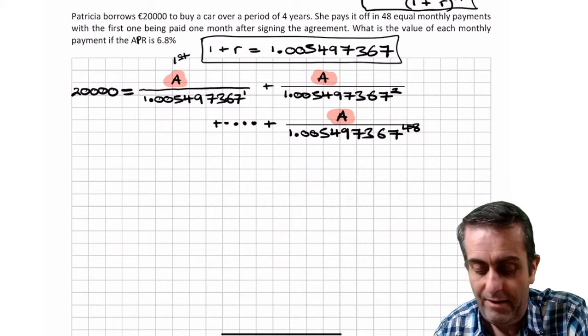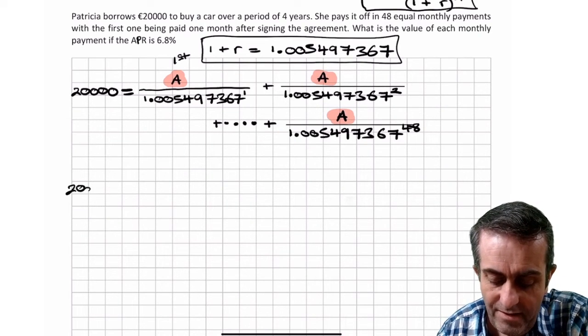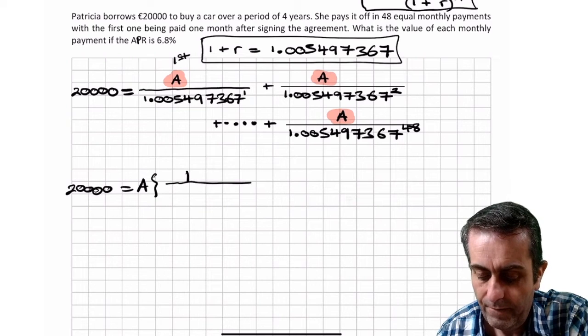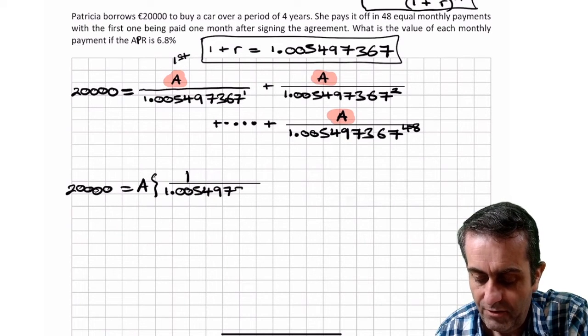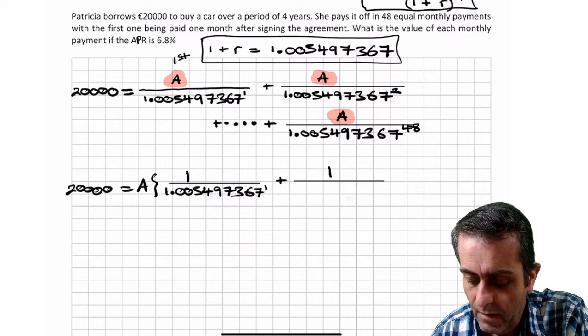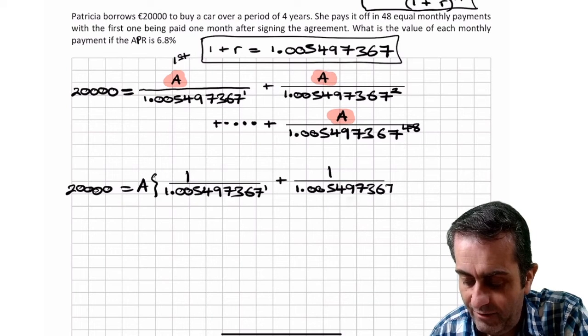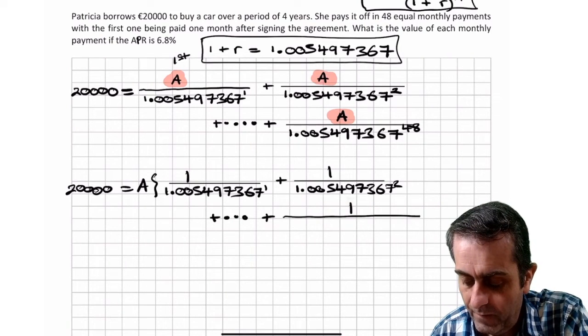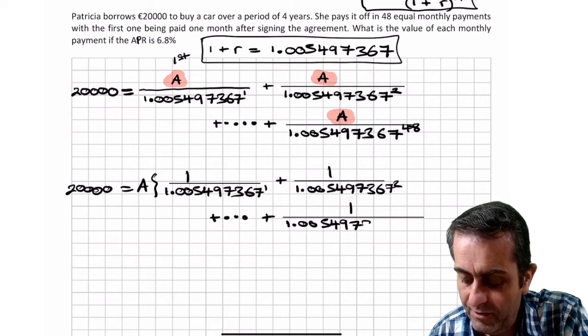So I'm going to take out that common A. So on the next line, 20,000 is equal to A into 1 over 1.005497367 to the power of 1 plus 1 over 1.005497367 squared plus all the way up to the last payment, which is 1 over the same number, 1.005497367 to the power of 48.